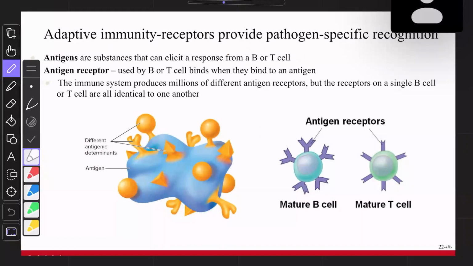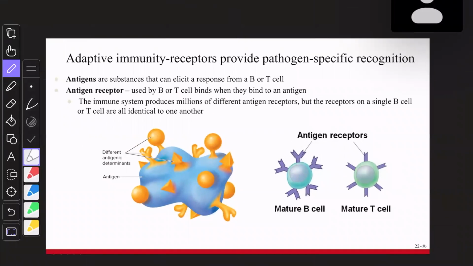Moving on. All right, so this should be easy. We talked about this, and I warned you it was going to come back. What is an antigen? They're markers on the cell, right? Antigens are markers on a cell. In terms of the immune system, an antigen is going to mark a pathogen.